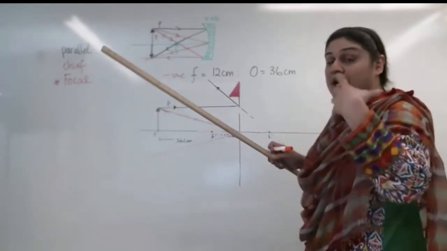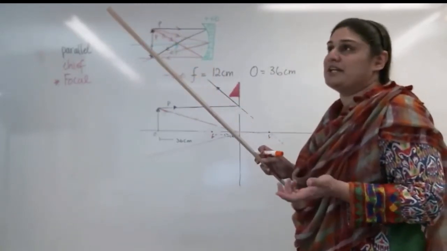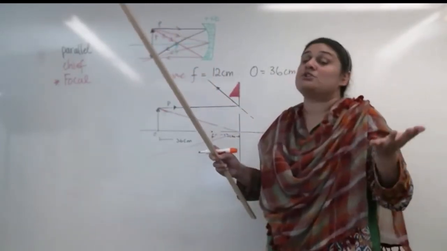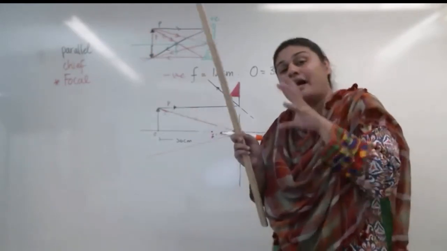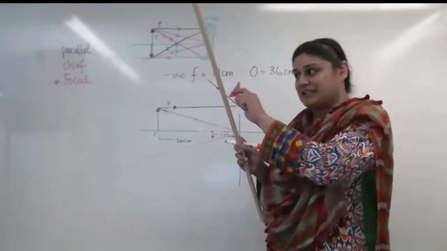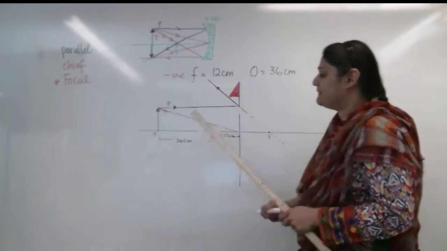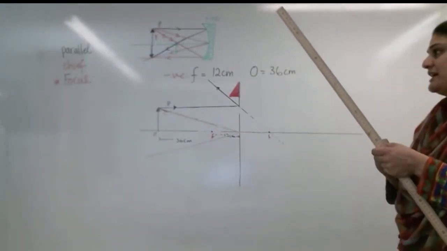But on your paper, I would recommend that you convert it to a unit that's normal. Like for example, I usually convert 10 centimeters to be equal to 1 centimeter, so it kind of fits nicely onto my page. So remember, 10 centimeters, 1 centimeter on your ruler, right? Okay, so my chief ray does exactly the same thing. It's not going to change much, so that's what it looks like.